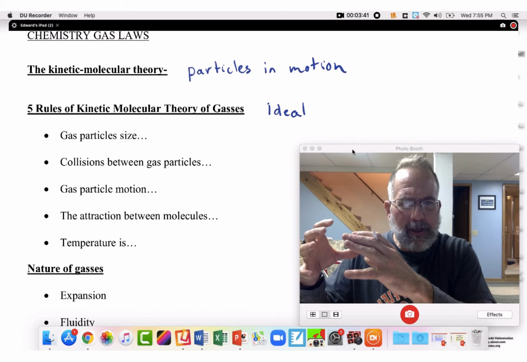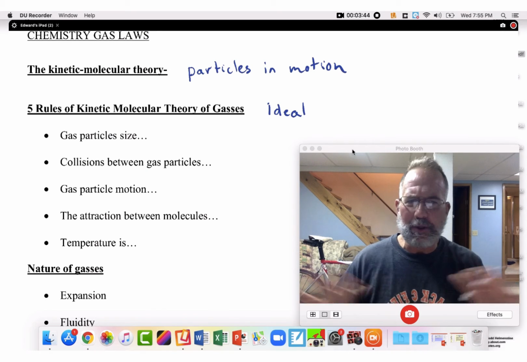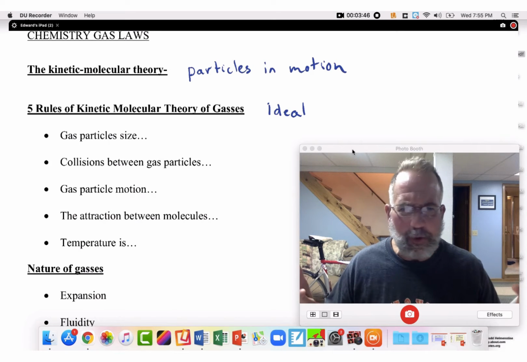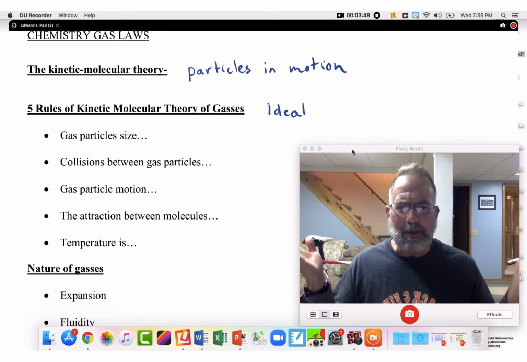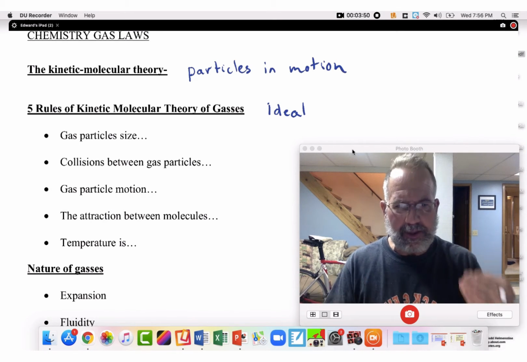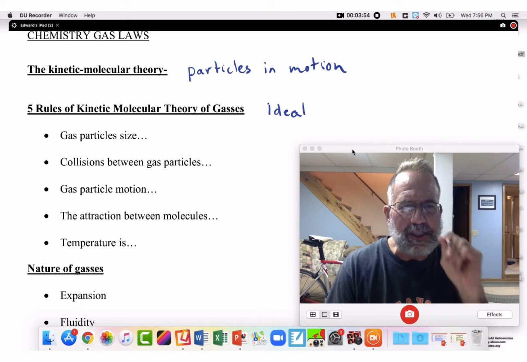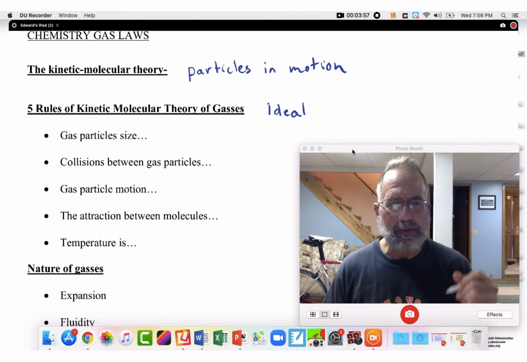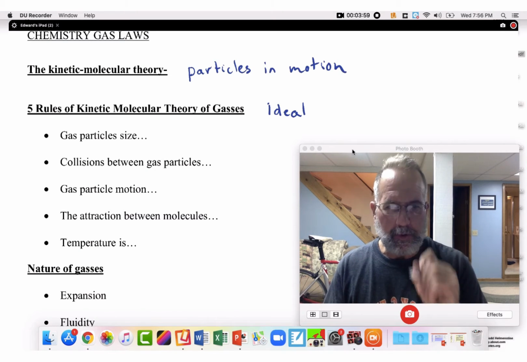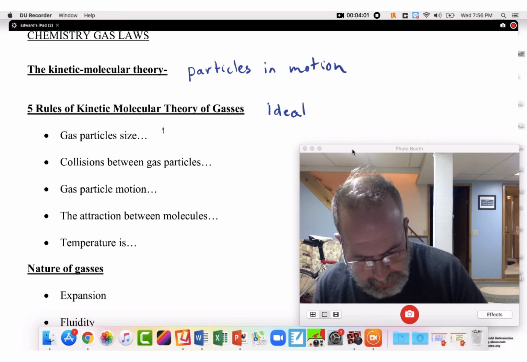But what we're going to do is reduce that down to no space per particle. They really do have size, but we're trying to make the math simpler. Just like in geometry class, when you say a point has no dimensions, it's just a spot, we're going to say the same thing about the particle sizes. They have no size.